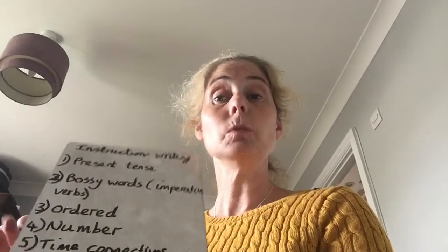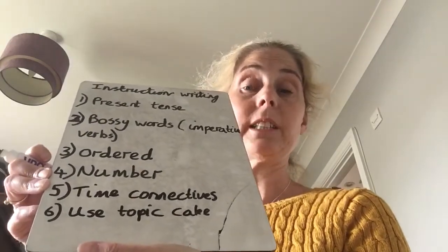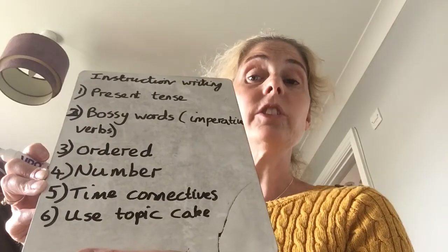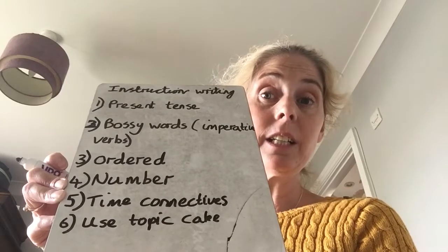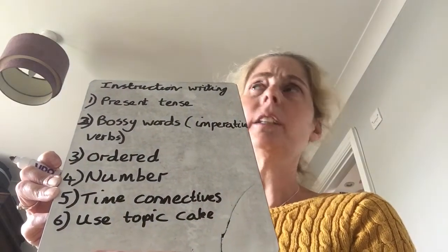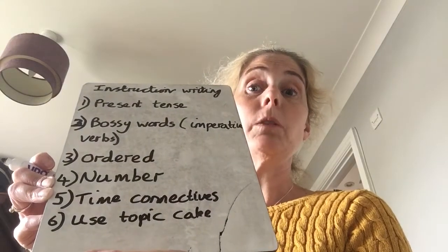Okay. The other thing is often you need to use topic words. So if you are making a cake, you use words to do with cakes. If you are building something, you tend to use the right words, okay? If you were making a mobile, somebody might use the words that you need.